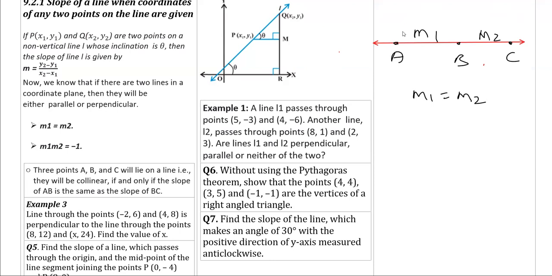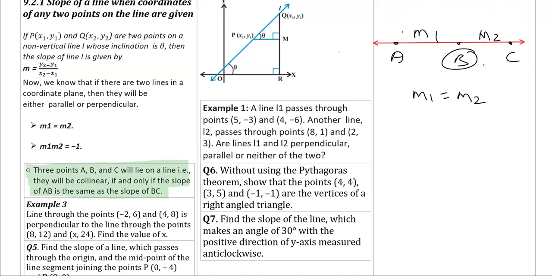And since B lies between A and C, therefore these 3 points are collinear. So what we can conclude here is that 3 points A, B, C will lie on a line, that means they are collinear, if and only if the slope of AB is the same as the slope of BC.